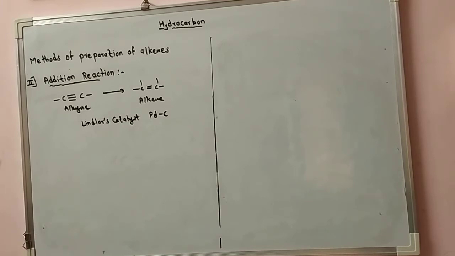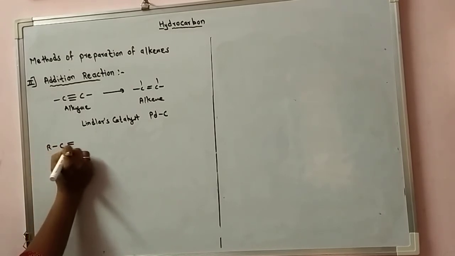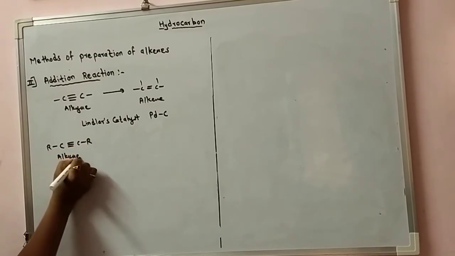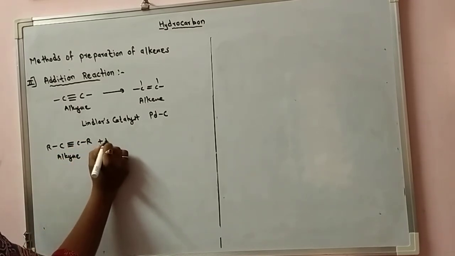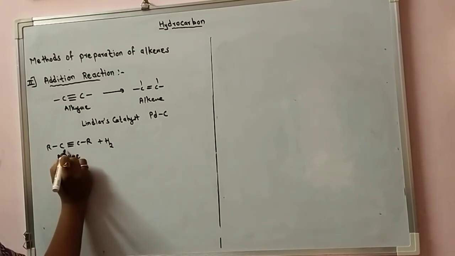Let's write the general reaction, where R is an alkyl group. Here the alkyne gets converted to a double bond by partial reduction: one molecule of hydrogen is added across the carbon-carbon triple bond.